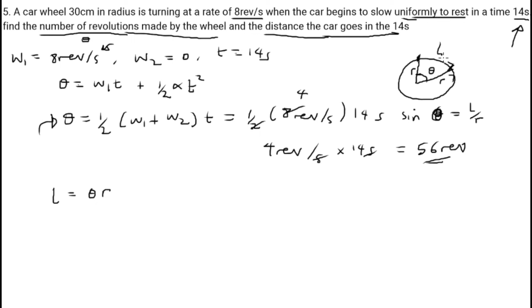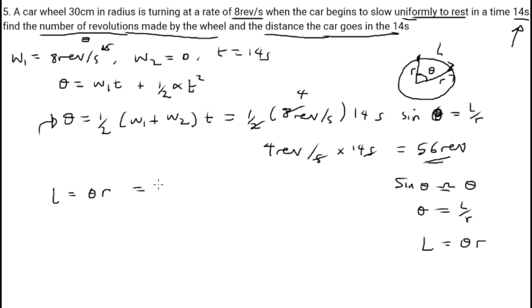But notice that the sine of angle theta is very, very small, so it can be approximated to theta, and that's why theta is always L upon r, and that's why L is equal to the product of angular displacement and r. That's why sometimes theta can also be referred to as the angle at which the object is being displaced, or the angular displacement. So the distance the car moves is L.